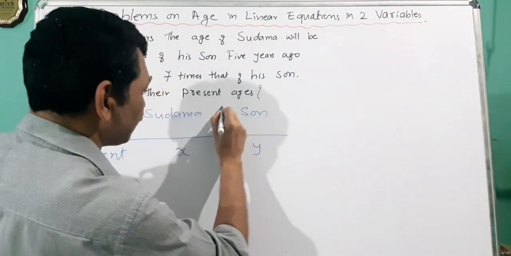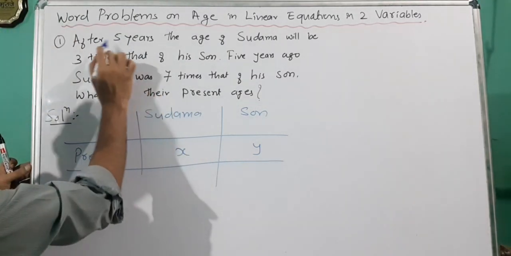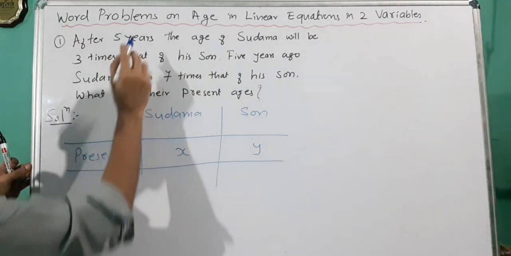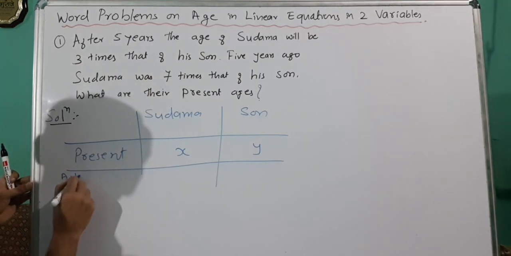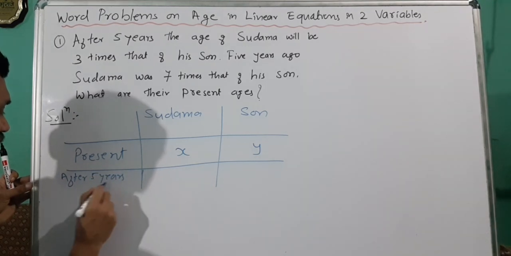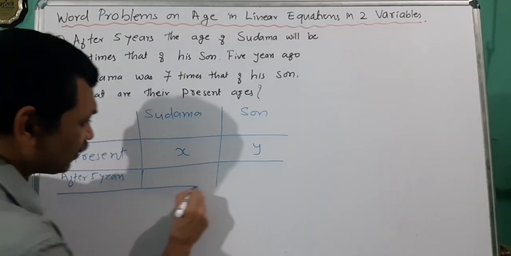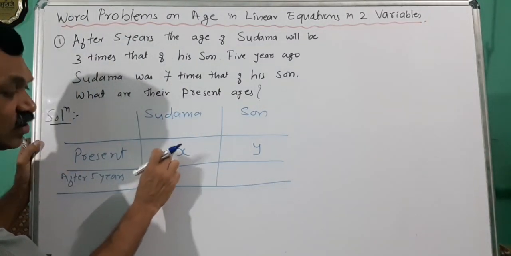What are the other two things given to us? Other two conditions are after 5 years, or we can call it 5 years hence. Sometimes the word is given as 5 years hence. So after 5 years, the present age of Sudama is x.